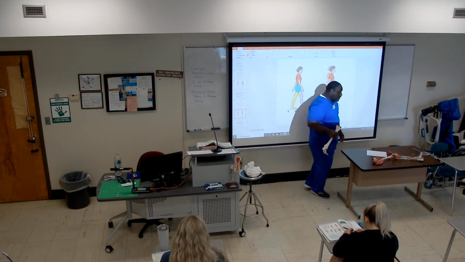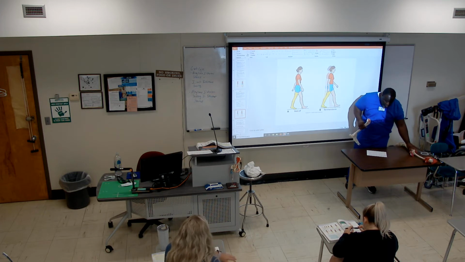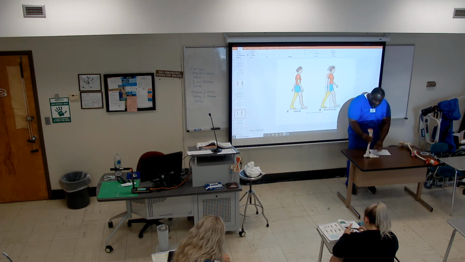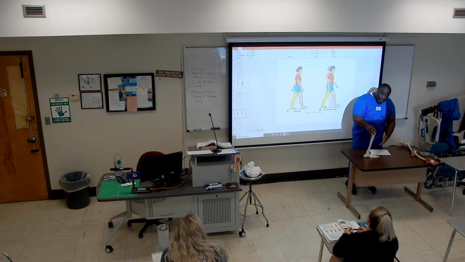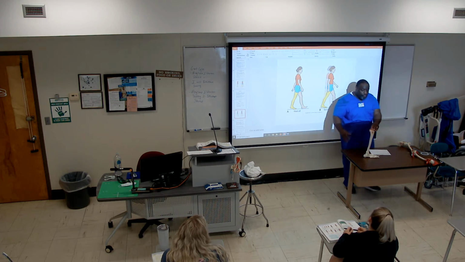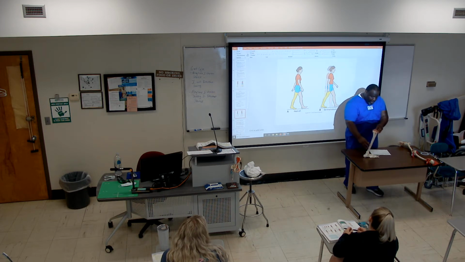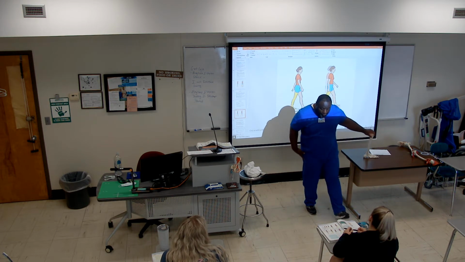Glad you asked. So as I'm going into terminal stance, I was just in mid swing, about 5 degrees of dorsiflexion, and we're okay there. Now I'm stretching out with my swing leg and getting ready to make initial contact with it. So now this ankle is going to have to move farther forward to allow for that to happen.